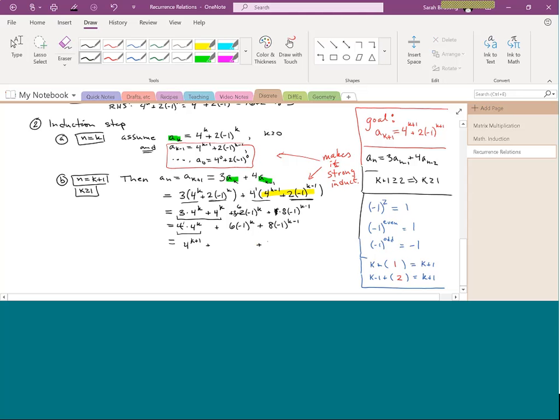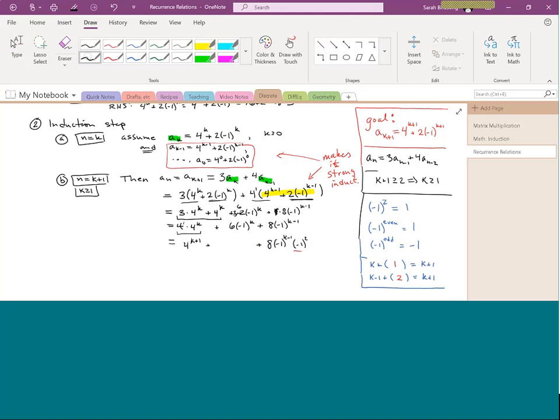But for this term with the 8, this is -1 raised to the k minus 1. I'm just going to multiply it by -1 squared. Remember, -1 squared was what? It was regular old 1. You can always multiply any term by regular old 1, and it doesn't change anything. That's the weird and fancy thing about -1 raised to an exponent. So we just inserted this one, no worries whatsoever, because it still equals 1.